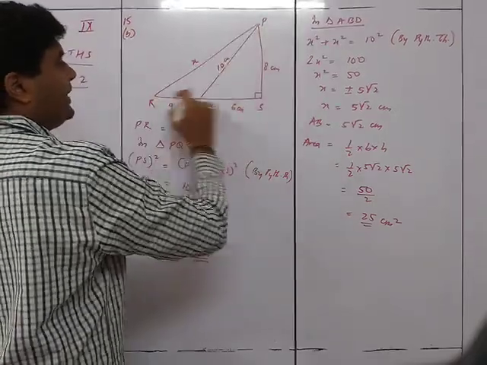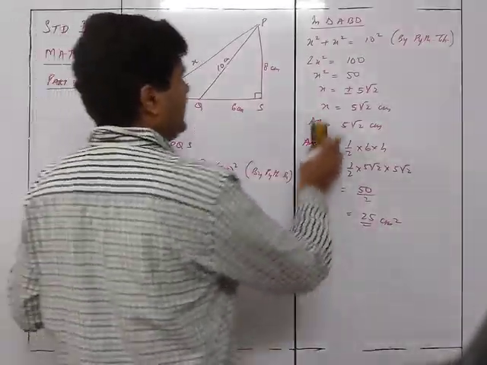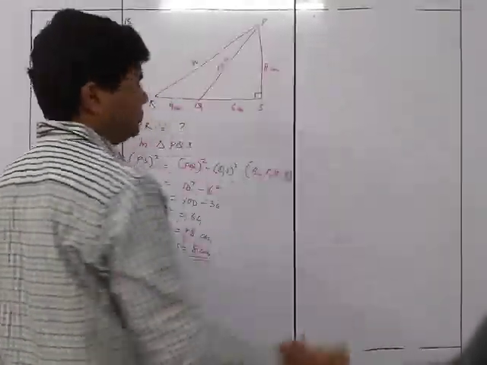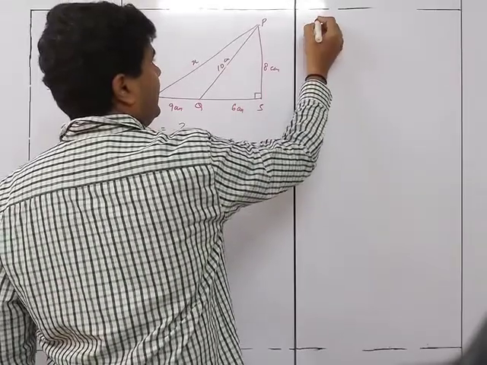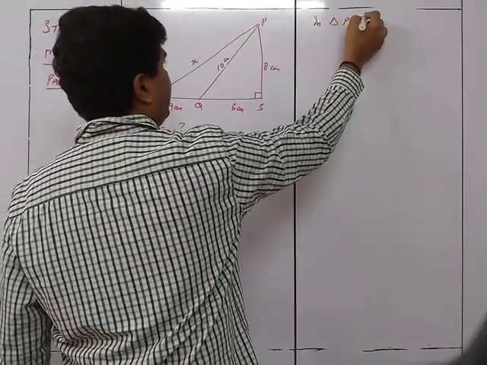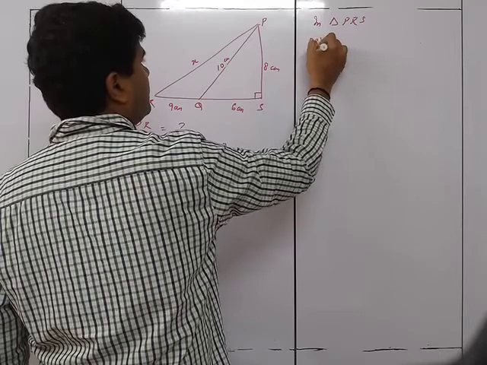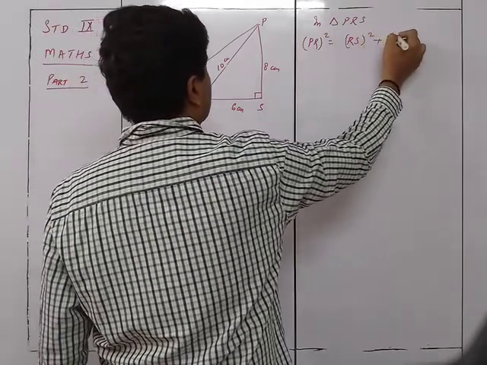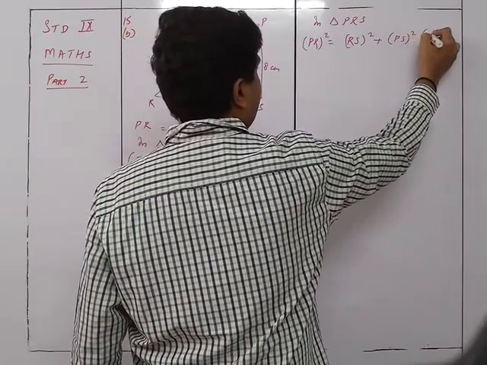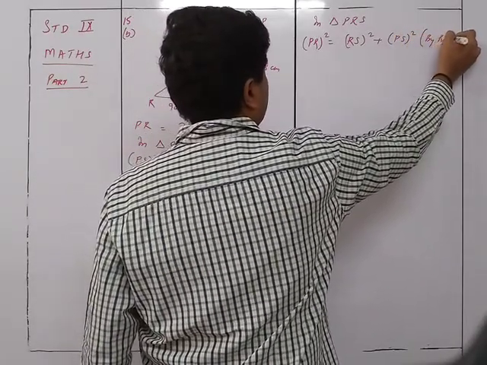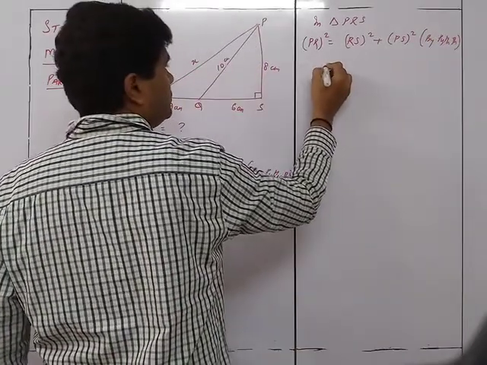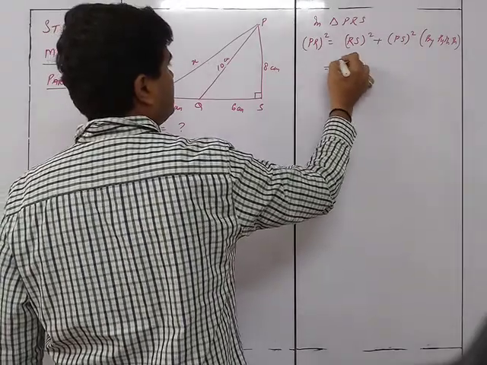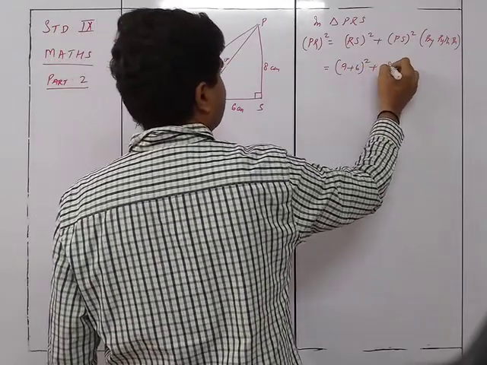So now in this bigger triangle PRS, we need to find out PR. Very simple again. In triangle PRS, PR the whole square is equals to RS the whole square plus PS the whole square. That is again by Pythagoras theorem. So we have RS as 9 plus 6 the whole square plus PS as 8 square.